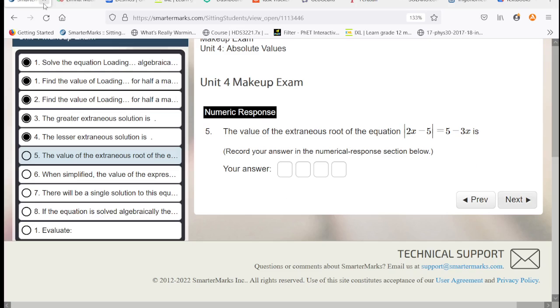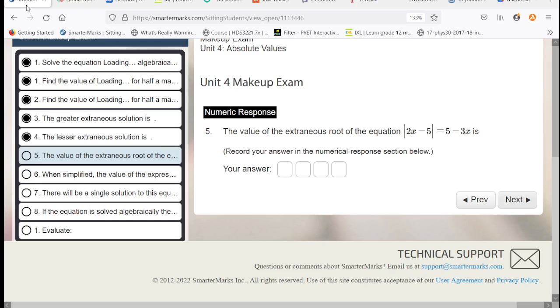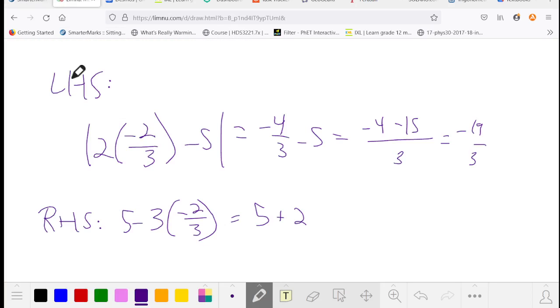While our right-hand side, 5 minus 3 times a negative 2/3 is a 5 plus 2. They should be the same value. Okay. So the 3's cancel. That's 7. So, yeah. This negative 2/3 is the one that doesn't match.